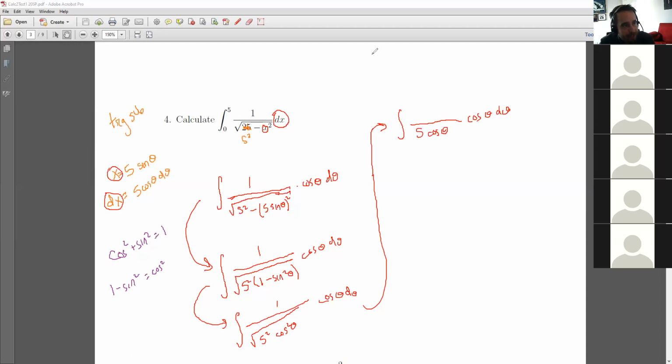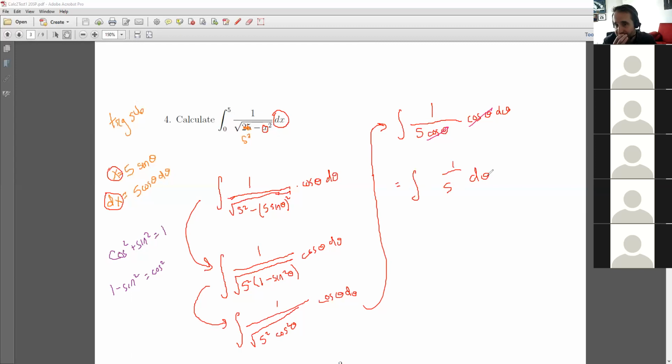So it actually simplifies considerably. The cosine theta and the cosine theta will cancel with each other. There's a great question here. Hang on one second, I'm going to finish this thought. So after the cancellation, what I would be left with in this case is just 1/5 d theta.